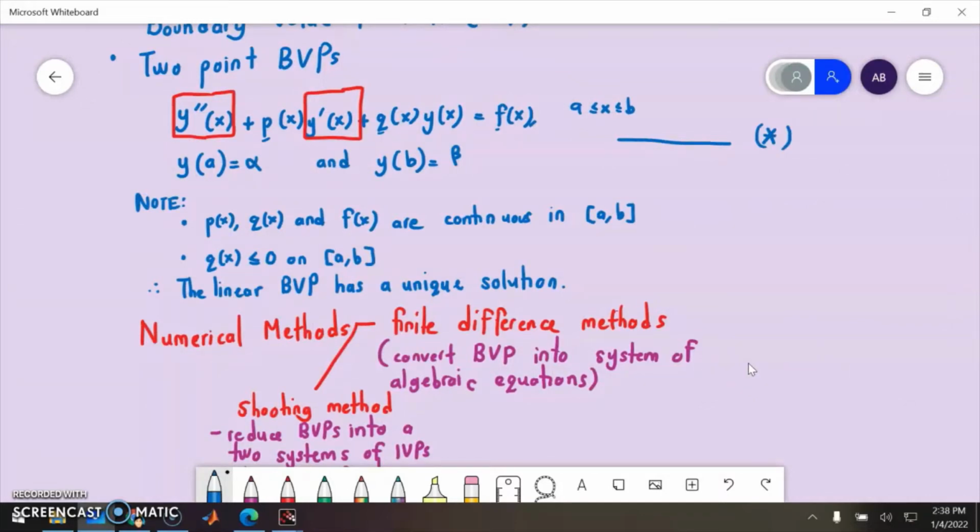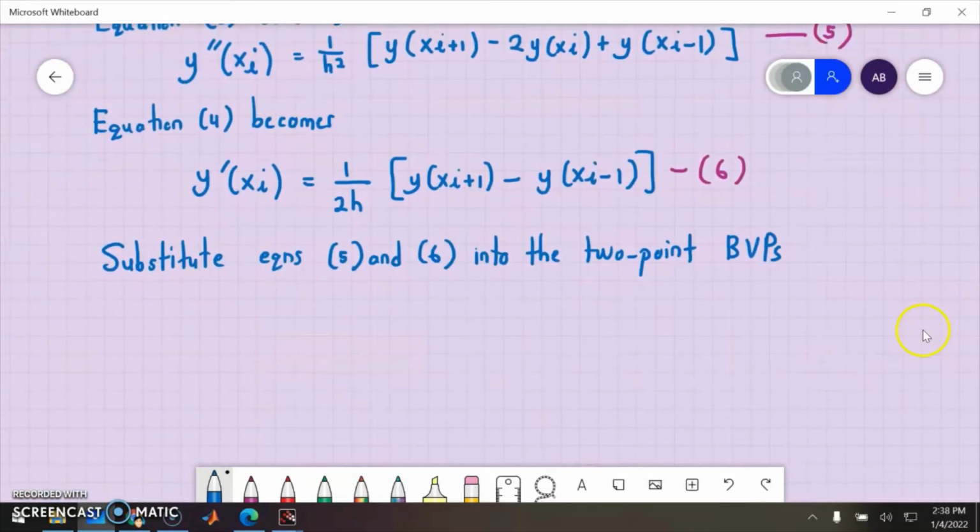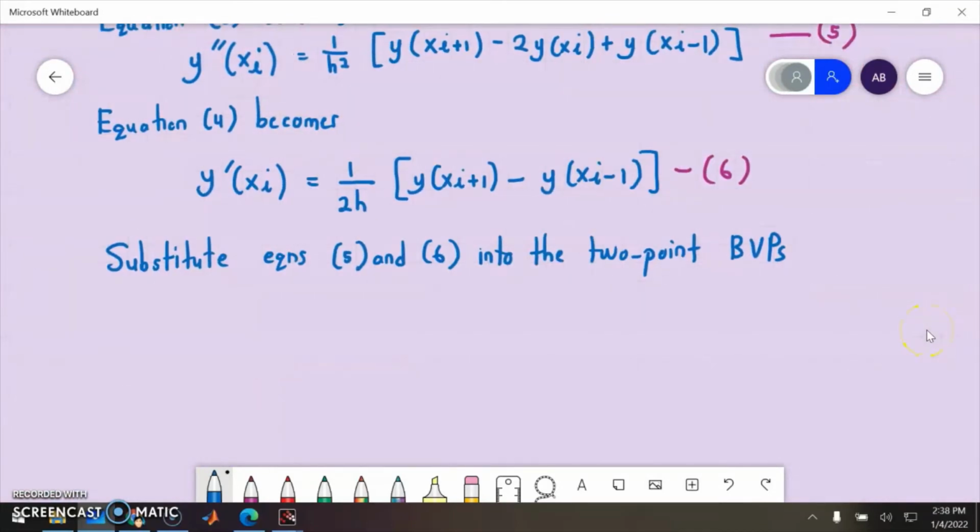So y double prime x plus p(x) y prime x plus q(x) y(x) equals f of x. I have to change it all into grid points. Let's write it down first so that I can remember and you can remember as well. This is my 2-point problem: y double prime x plus p(x) y prime x plus q(x) y(x) equals f of x.